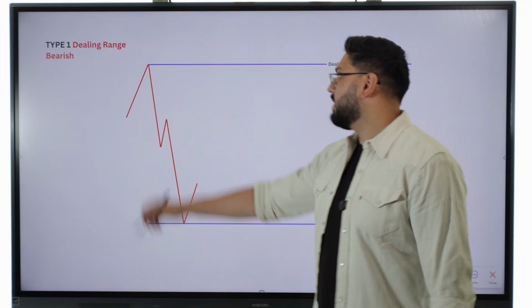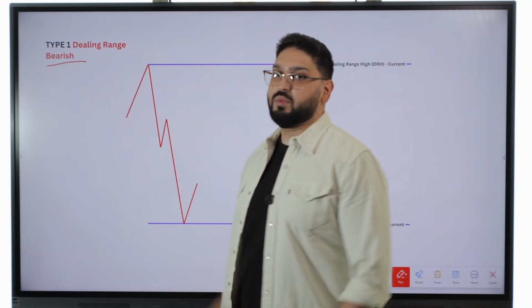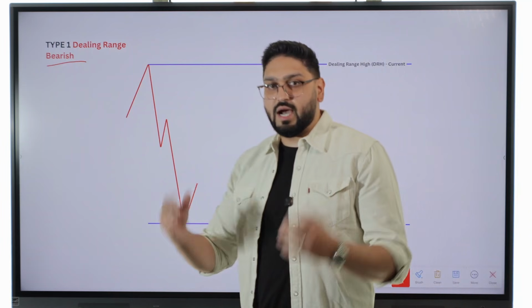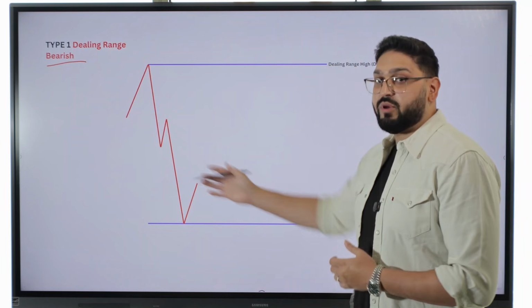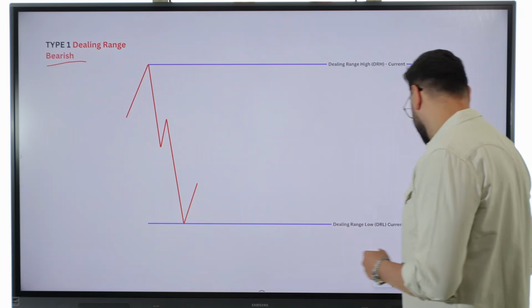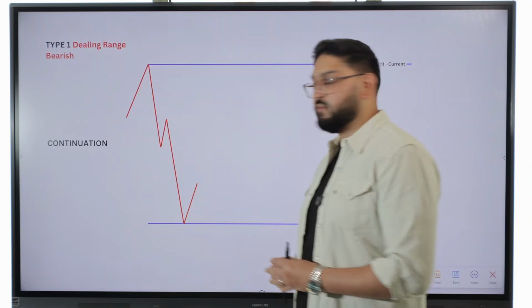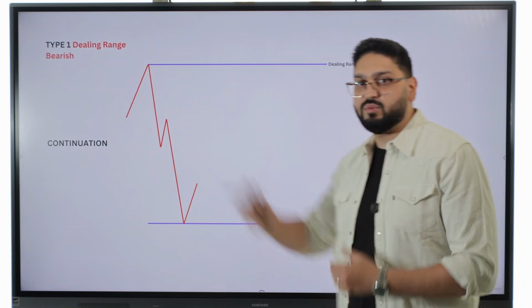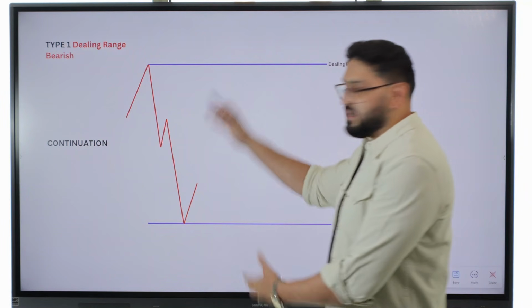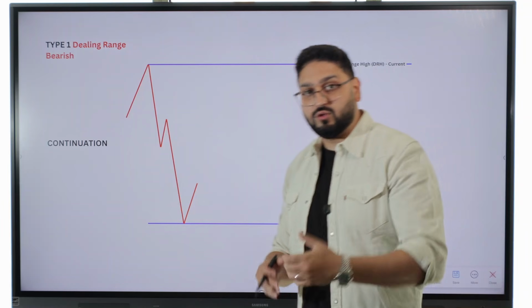Now, since we are here on a higher time frame bearish trend, we ideally want to see lower prices. And for a type 1 dealing range, we expect a continuation profile. So for this specific type of dealing range, we're using it as a framework to hunt for short setups.